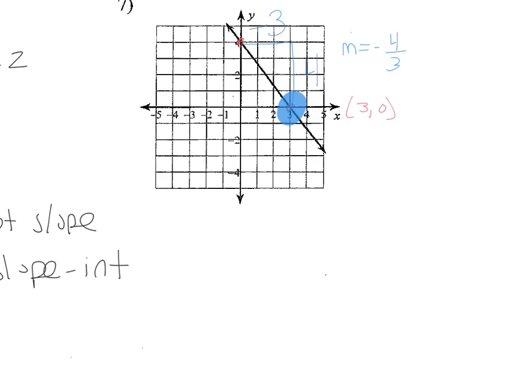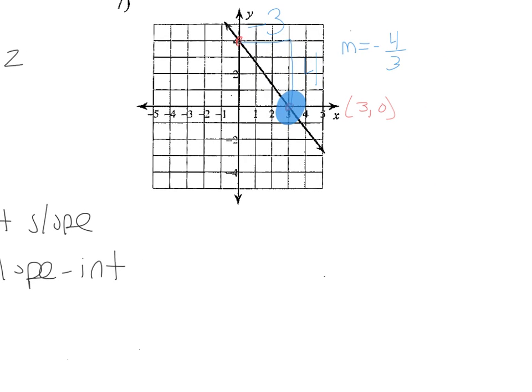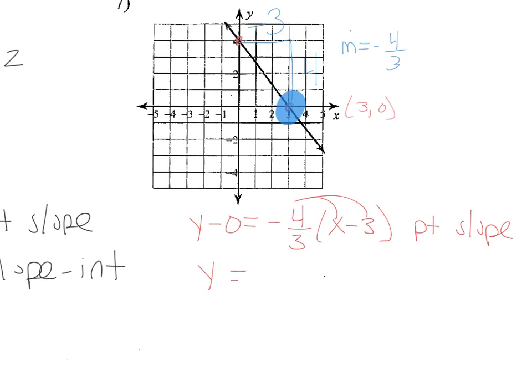All right, so let's start with point slope. So y minus 0 equals -4/3 times x minus 3. So that's point slope. Okay, so now distribute. So I'm going to again put y equals -4/3 x, the 3's are going to cancel, a negative times a negative will be a positive 4, so there's slope intercept.